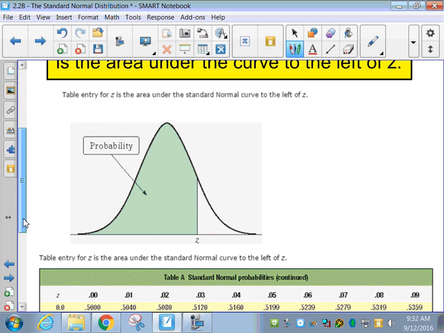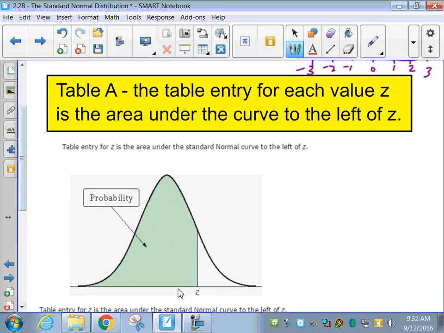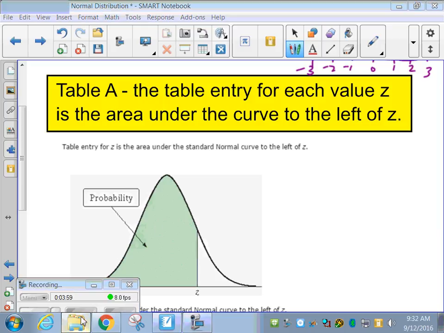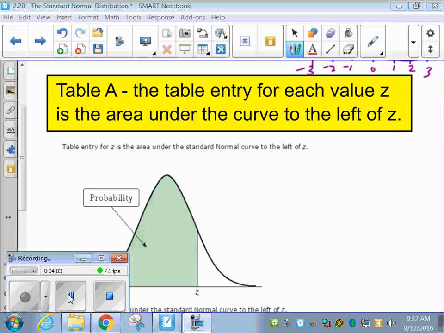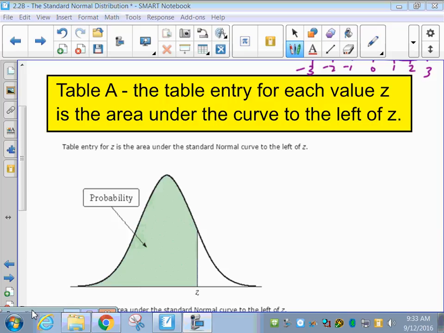And so we're going to go to table A. So you guys do need to find table A in your book. It's in the very back, and you might want to mark it with a sticky note or a piece of paper because you're going to be flipping to it a lot. So again, it's really important that you know table A tells you the area under the curve left of the z-score, all right?